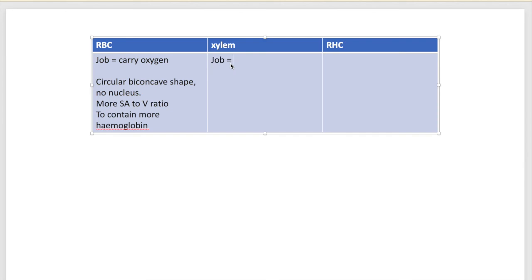Okay, xylem's job: transport water up the plant. So it must be hollow and continuous. Okay, this hollow gap is called the lumen. It's just fancy word to say it's a space that is continuous with the external environment. It contains no cellular structures. In short, it's called the protoplasm.